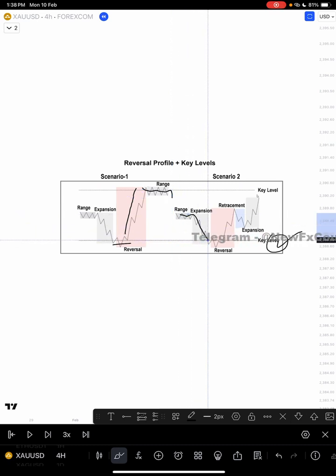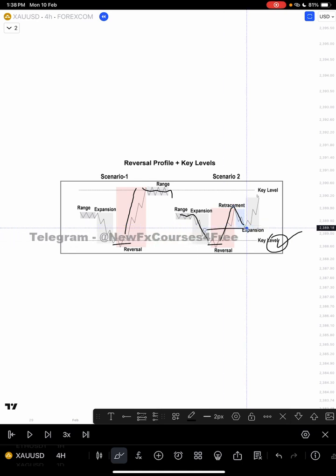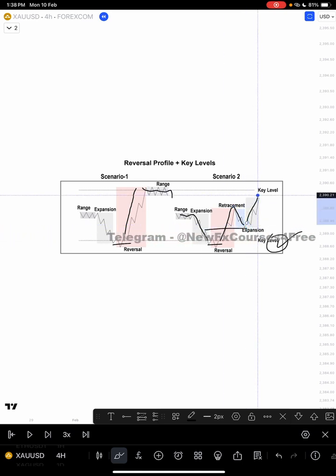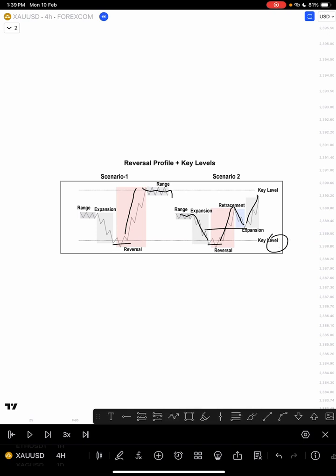Range expansion for scenario 2, turtle soup, reversal, retracement maybe into a mitigation block or a breaker block, then expands higher. So this is how you actually integrate these concepts on the live market.